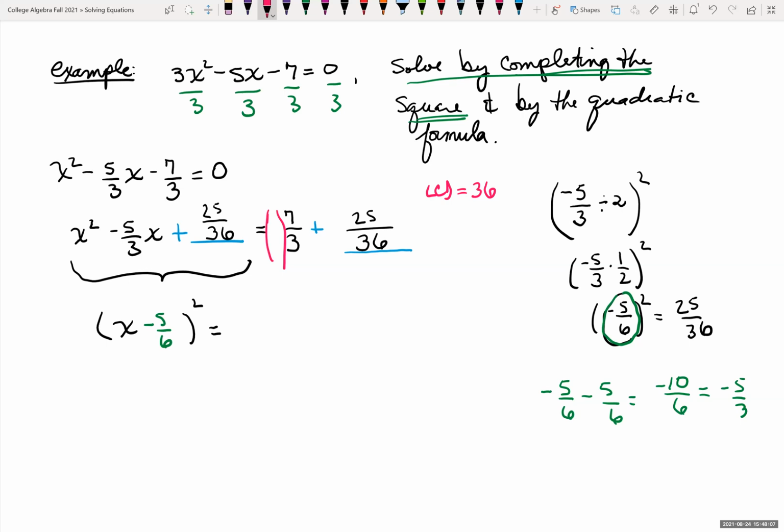That fancy 1 will be 12/12. I can't just do this in my head as fast. So that's 7 times 12, that's 84, plus 25, all over 36.